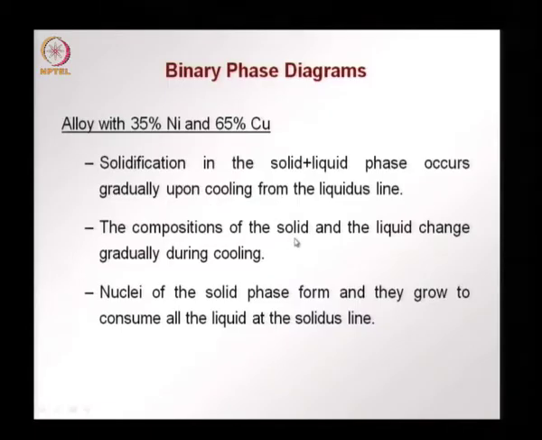The composition of the solid and liquid change gradually during cooling. The nuclei of the solid phase form just when the liquidus line is crossed, and when the solidus line is crossed, all the liquid is consumed.